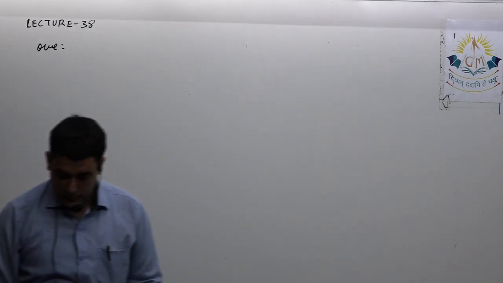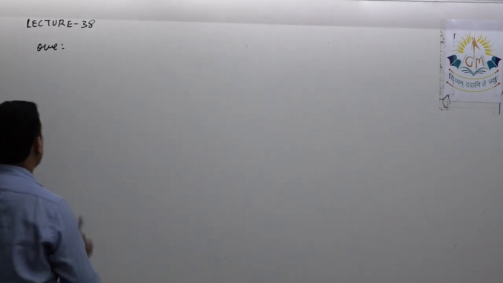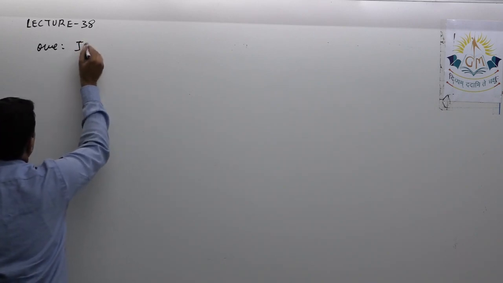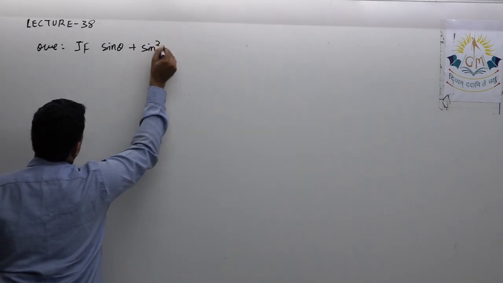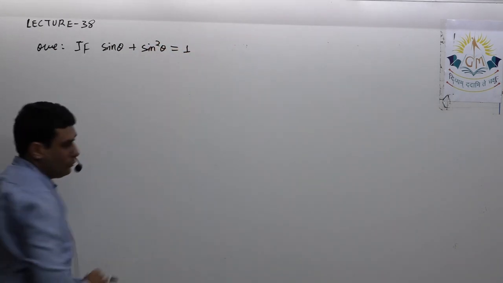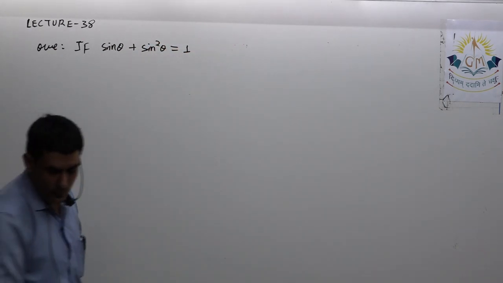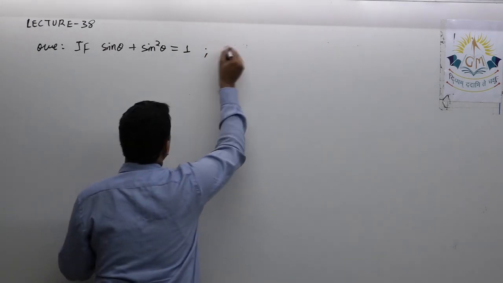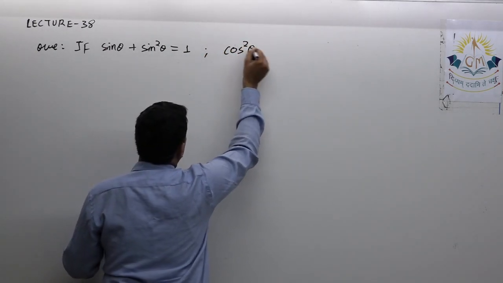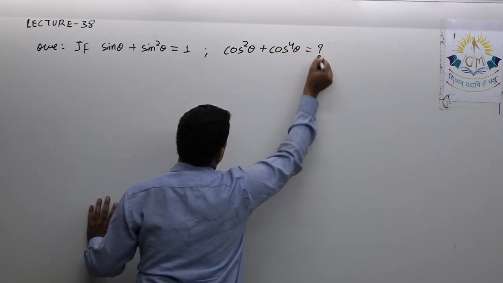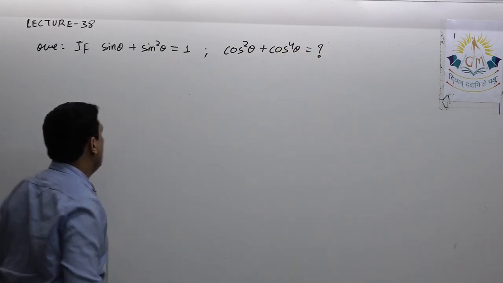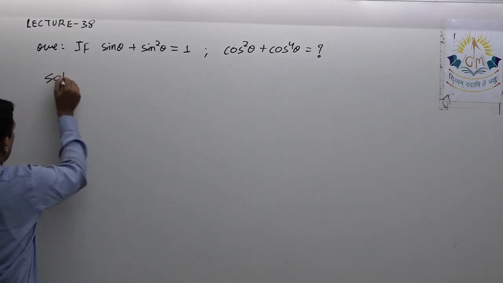Okay, next question is, if sine theta plus sine square theta is equal to 1, then find the value of cos square theta plus cos raised to 4 theta. You have to find the value of this. So let us see how to solve this.